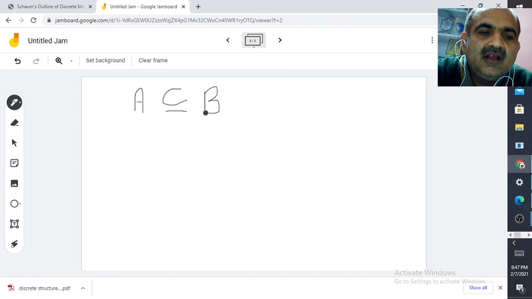Suppose A is a subset of B and B is a subset of C. Both are given.